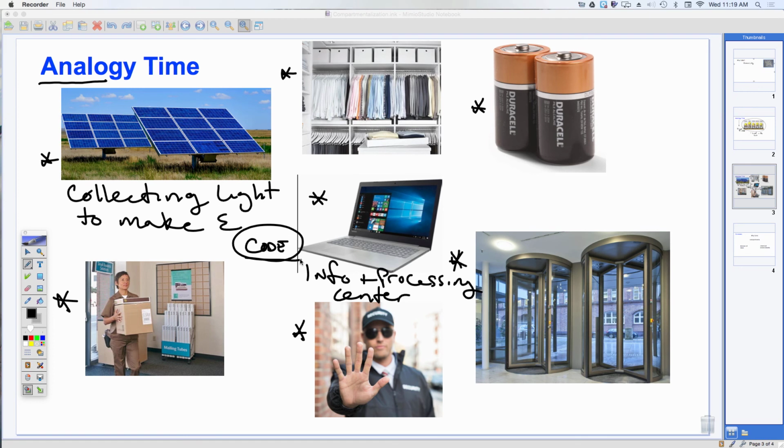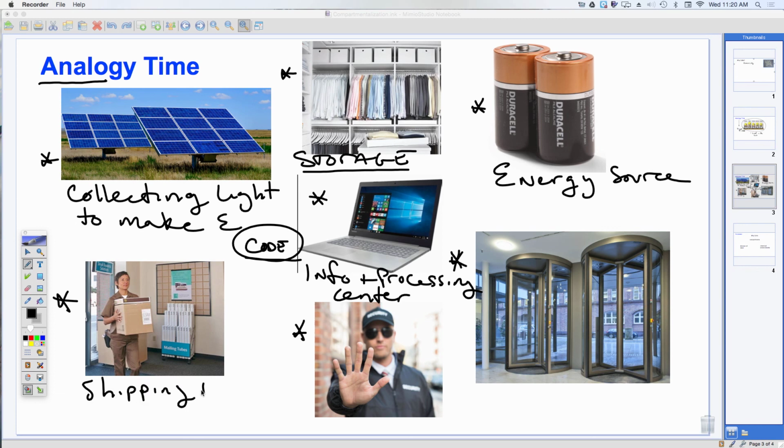And there's an organelle in cells that does this. Here the closet is great for storage, and there are organelles in cells that store stuff. And here the batteries are an energy source, and there is an organelle that is responsible for producing energy for the cell.